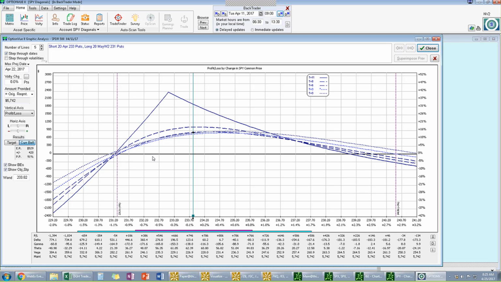You give it all back in a heartbeat. If the volatility drops, these curves are all going to drop. So if I get a quick profit like that, I'm out. So that's an example of one that really works.